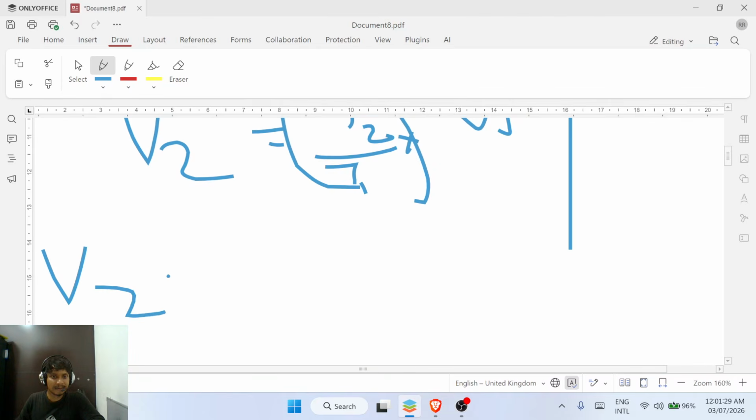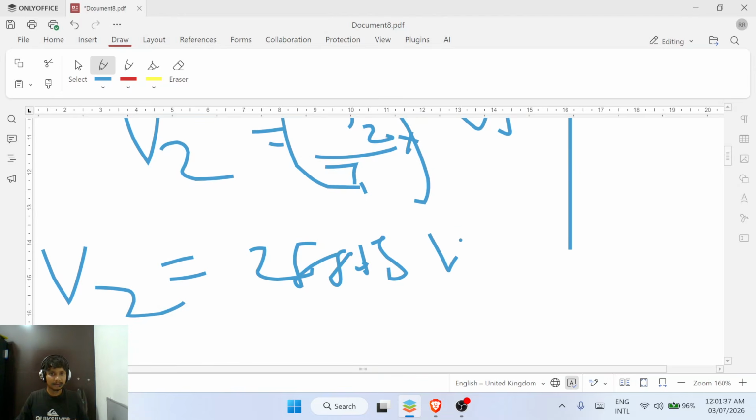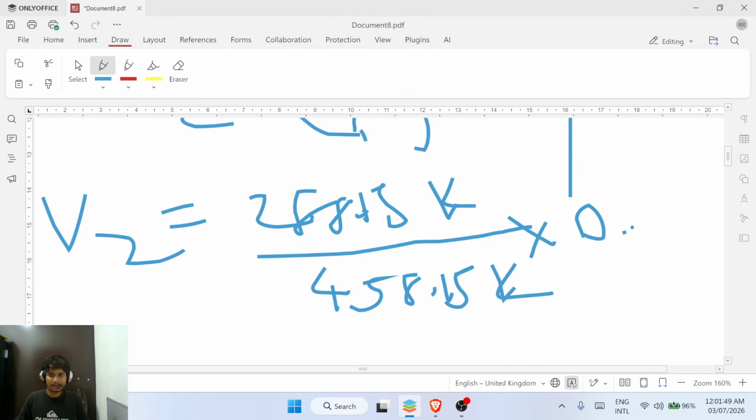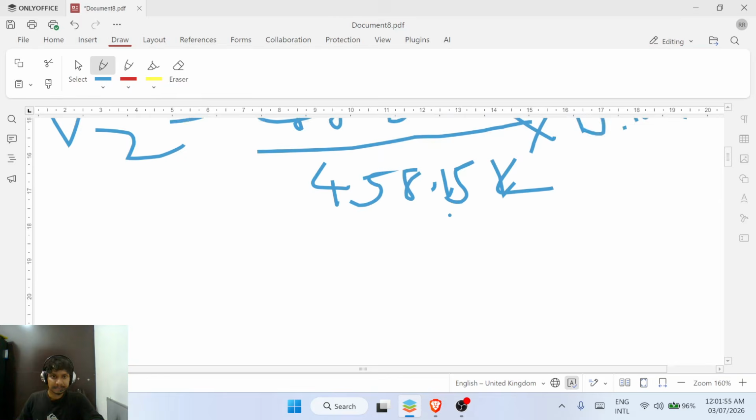Therefore, V2 is equal to T2 by T1 into V1. What is T2? T2 is equal to 288.15 Kelvin. What is T1? 458.15 Kelvin. What is V1? 0.09 meter cube.